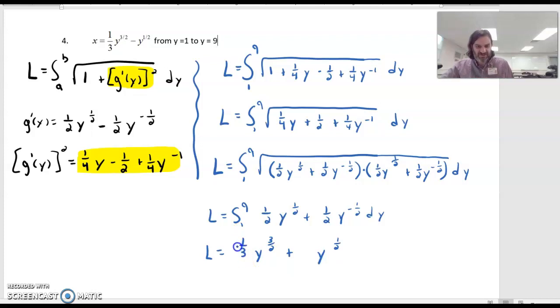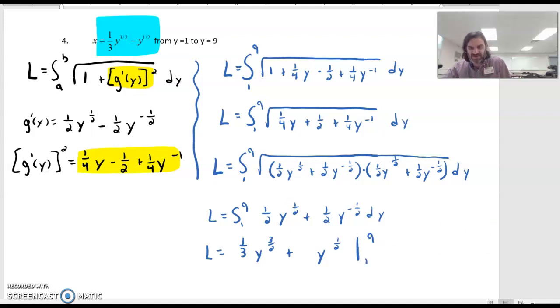So the function we get from integrating is 1/3 y to the 3/2 plus y to the 1/2. It looks very, very similar to what we started with. Just kind of look at that. Don't make any assumptions, because things are a little bit different here and there, but it does look very much the same. And that's going to be from 1 to 9.